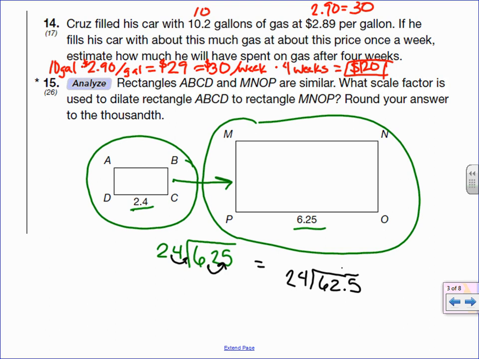So carry the decimal point up. How many times does 24 go into 6? It can't. So then how many times does 24 go into 62? Well, 24 and 24 is 48, and another 24 would be 72, so I can only fit 2. 2 times 24 is 48.